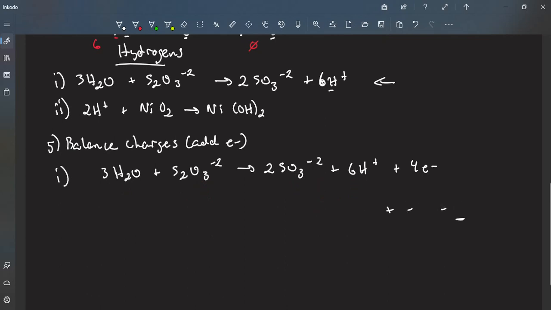Okay, so our first half reaction is balanced. We're going to continue now with our second. And let's just rewrite this. And again, you don't have to write all of these all over again. You can continue from the previous step where we balanced hydrogens.